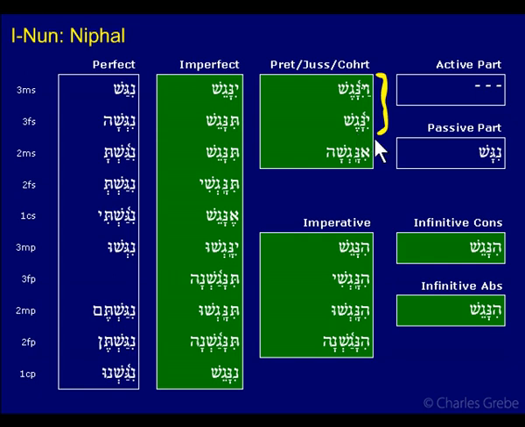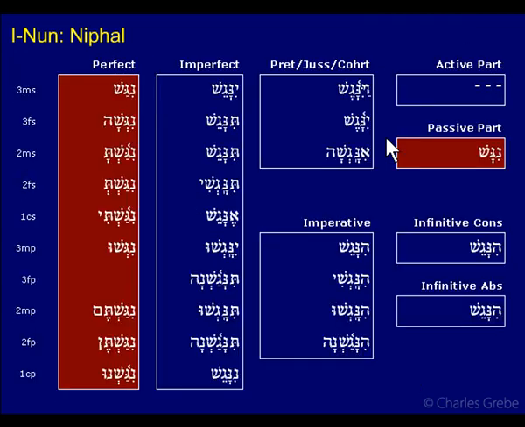Not a big deal, but this is behaving like the Hifil does in the strong. Remember, in the strong verbs, I said all of them have identical imperfects and jussives, except in the Hifil. The Hifil, you have shortened forms. Now as we move into the weak verbs, we're going to see more forms that have shortened forms, and this is one of them. The first nun Niphals.